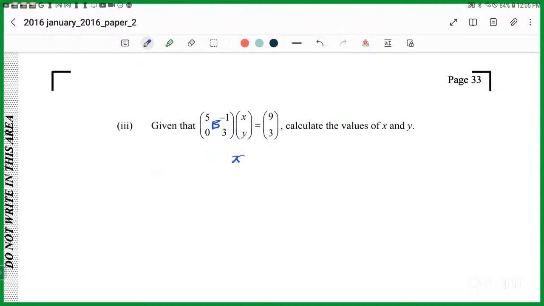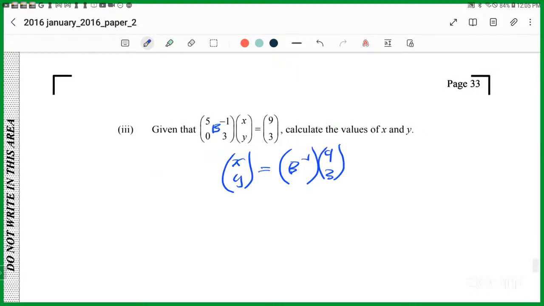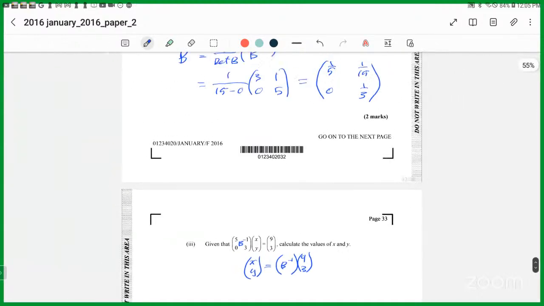So the x, y is going to become B to the minus 1 times 9, 3. And the B to the minus 1, we just calculated it up here. Let's use this one, 1 over 15. Let's copy it down.